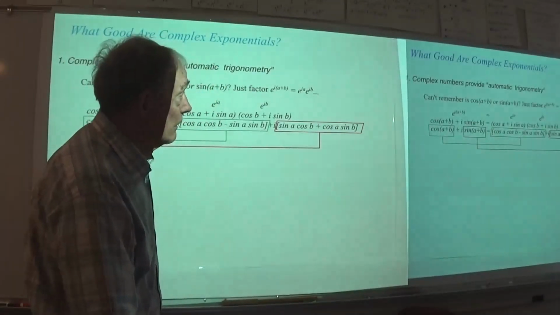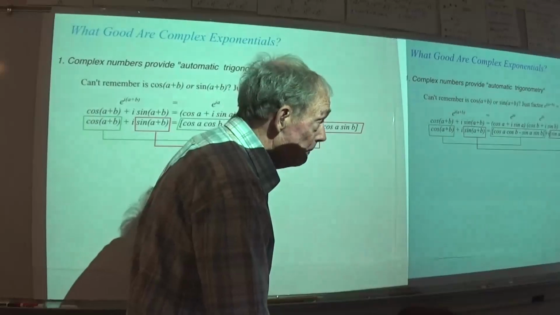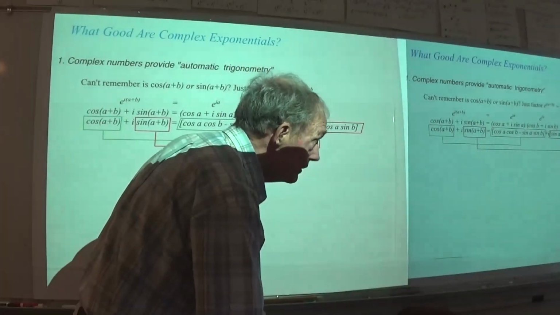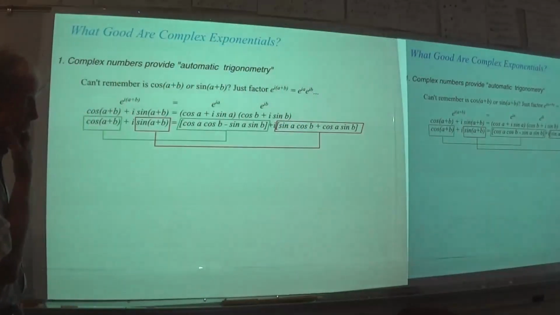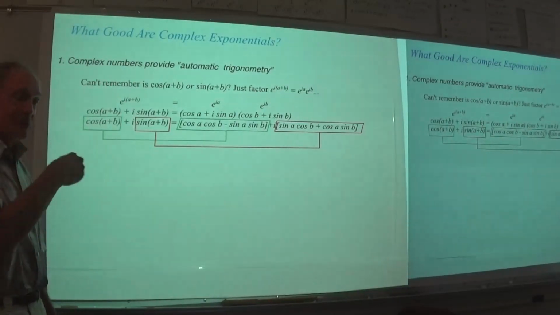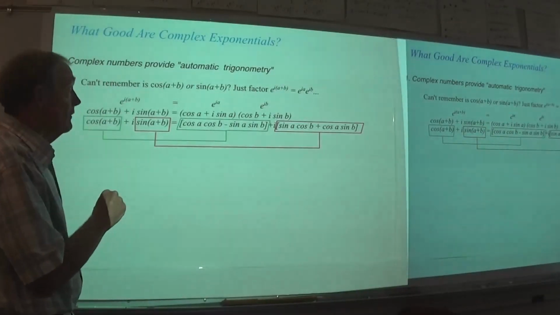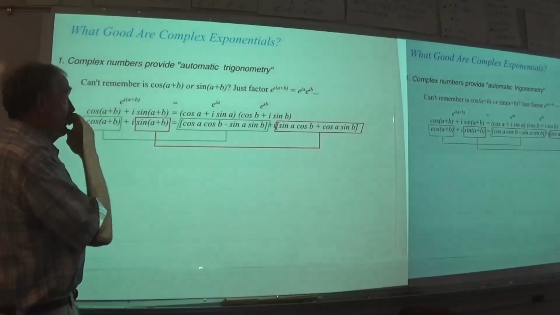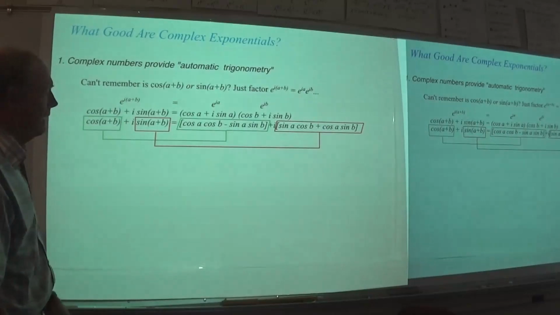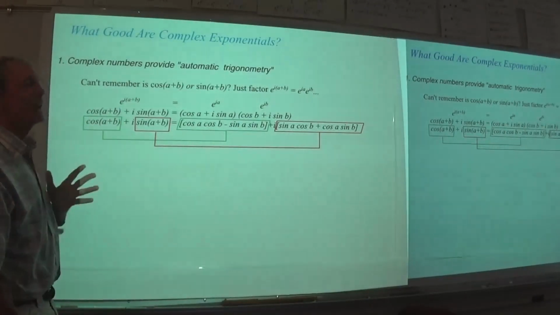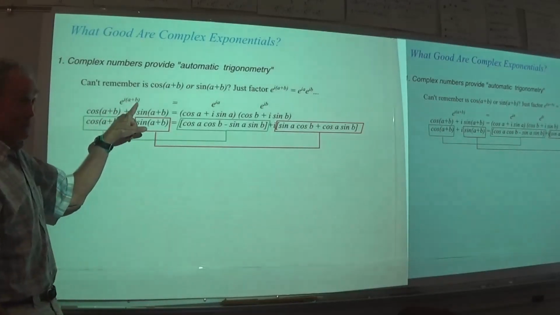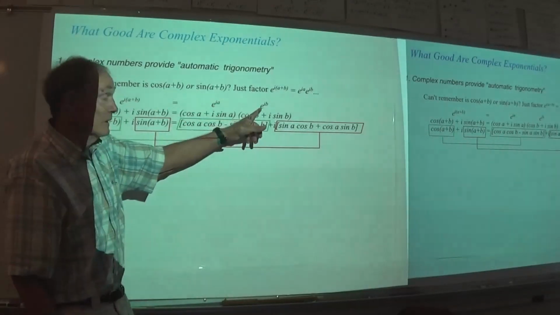And the other thing that's important about complex numbers, besides being a wonderful physical realization of phenomena that are oscillatory, is that it helps you with your literal algebra and trigonometry. If you ever have some sort of exam where you have completely slipped your mind, don't remember what cosine of a plus b is, well, you do remember that e to the i(a plus b) is e to the ia times e to the ib.